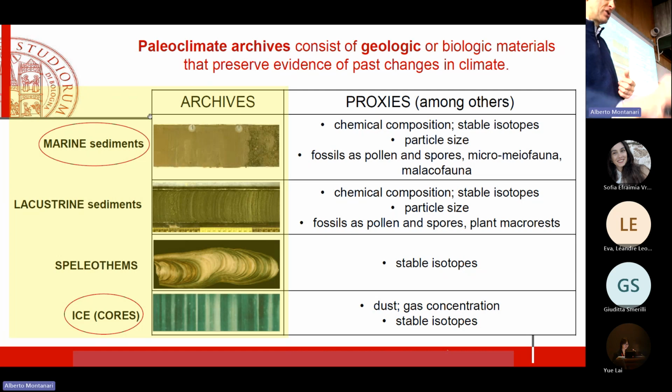Okay, and here you see some of the proxies that can be derived from each archive. Chemical composition, stable isotopes. We didn't talk about stable isotopes, we will talk about them very quickly. And particle size, fossils, spores, malacofauna, etc. Once again, I'm sorry, if you can avoid speaking, because I can listen quite well to what you're saying and this distracts me.